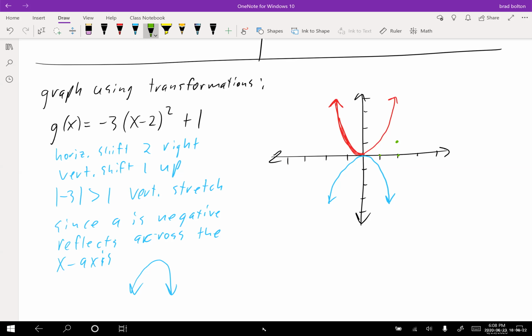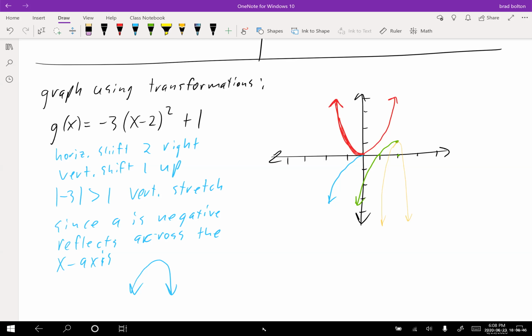So that's right there, and that would be the correct position. But then we also know that it is now stretched. So somebody takes it and makes it really narrow, okay? So then this is going to be like this.